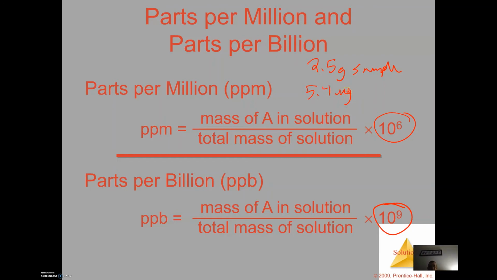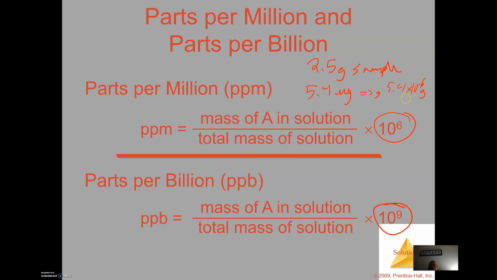What we need to do is convert this into grams. We need to get the units similar to each other. There are 10 to the 6 micrograms per gram, so we divide that out, and we end up with 5.4 times 10 to the negative 6 grams. So that's how many grams it would be.